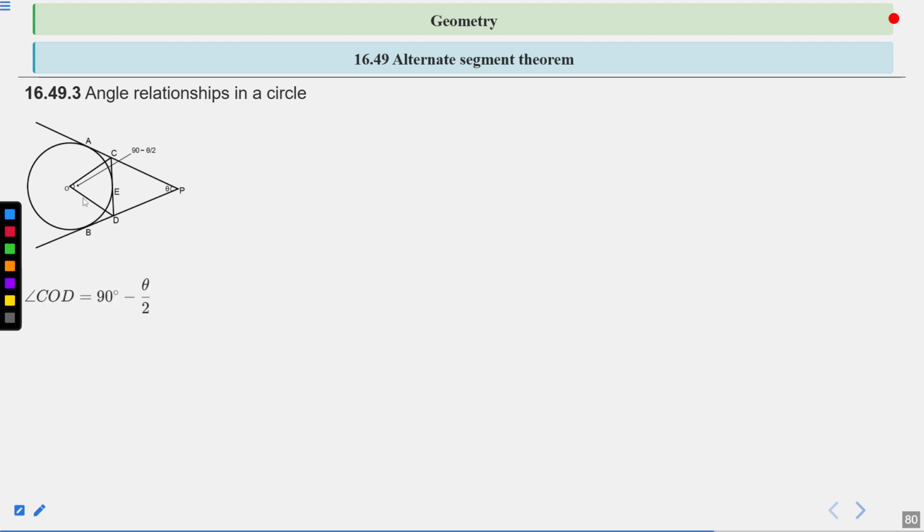So we can say that angle COD will become 90 minus theta by 2, or we can say angle COD equals half of angle AOB. And AOB is this angle, and half of this angle will be COD. Next one.